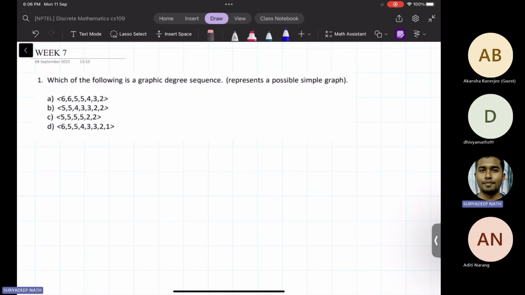So coming to the first question for our discussion: which of the following is a graphic degree sequence? Before solving the question, let us just revise what a degree is.